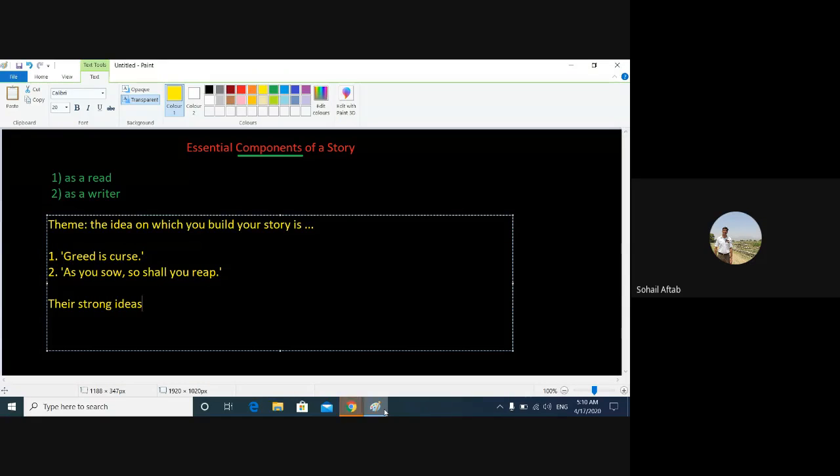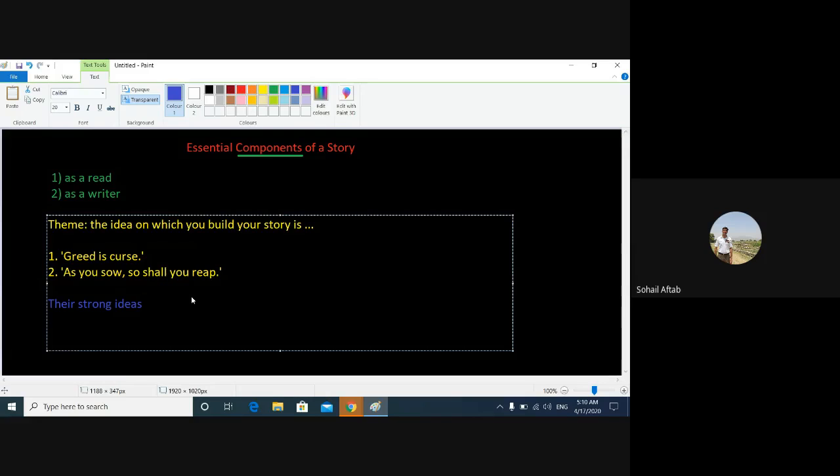The most powerful thing in the world are ideas. Because all stories, all inventions, even all discoveries are because of the very strong will and strong ideas of people. They have these strong ideas, and the idea always comes first.